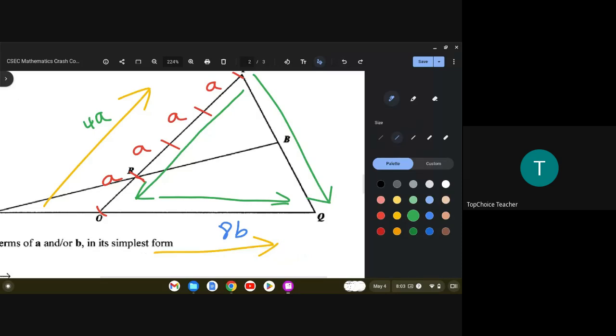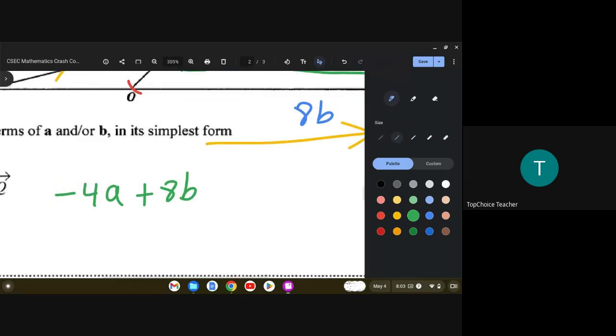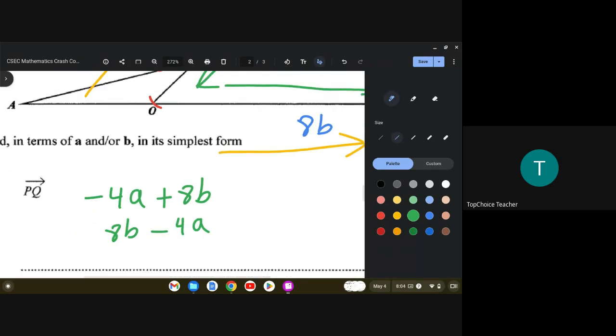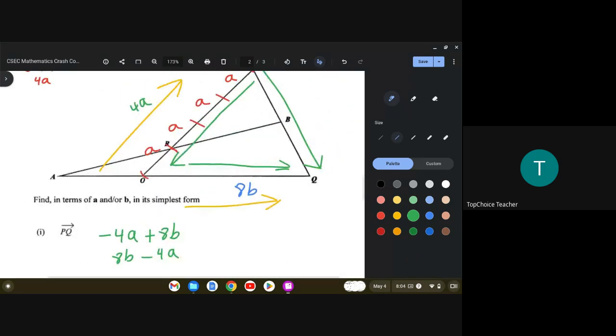So look at our arrow. Our arrow down here is pointing in the same direction as our vector 8B. So we could keep it as positive 8B, or you can rewrite it as 8B minus 4A. That is the answer for that first question. That is how to do these types of questions.